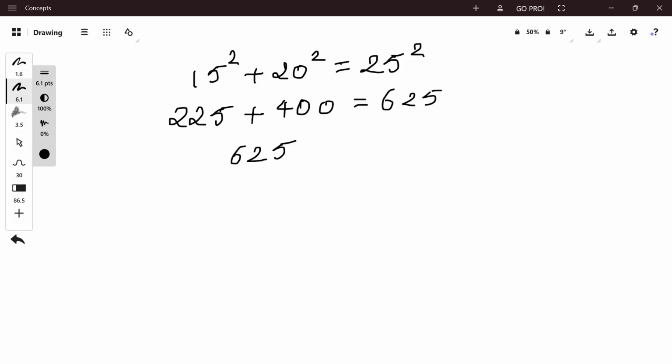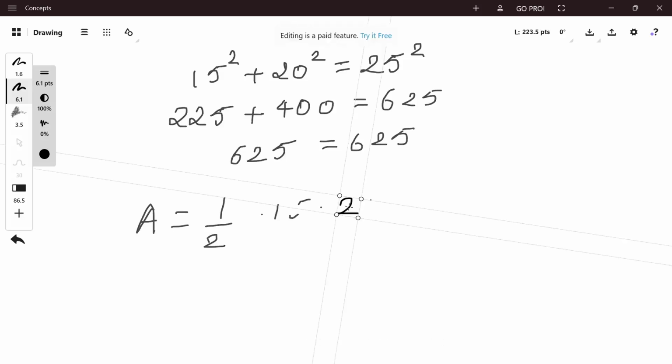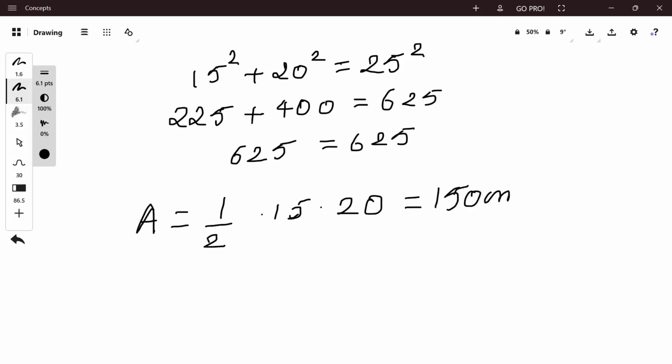That is 625 is equal to 625. Since the triangle is a right angle triangle, the area can be calculated using the sides forming the right angle, 15 and 20 centimeters. So area is equal to 1 by 2 base into height, that is 1 by 2 into 15 into 20, that is equal to 150 centimeter square.